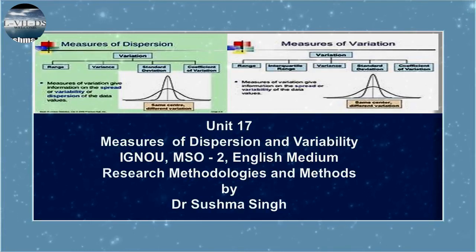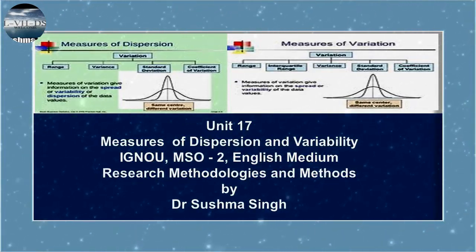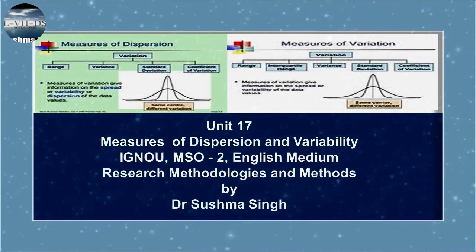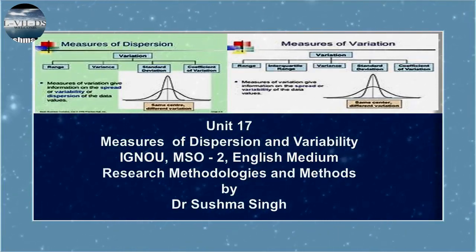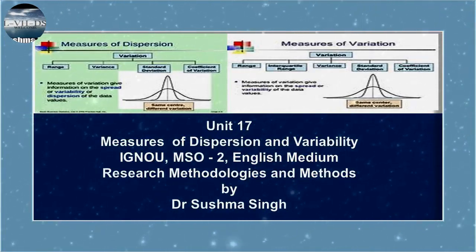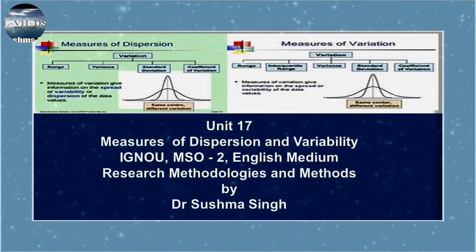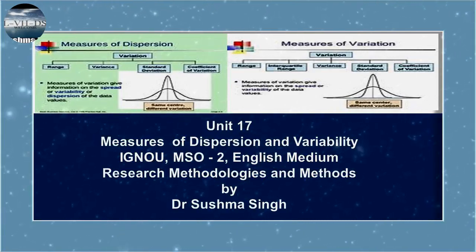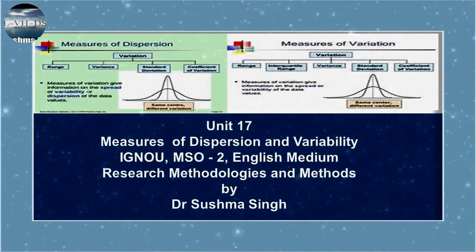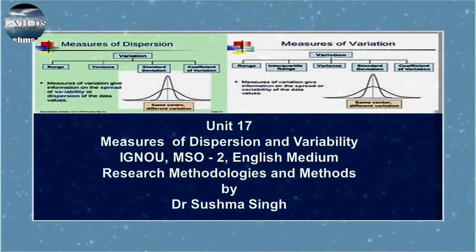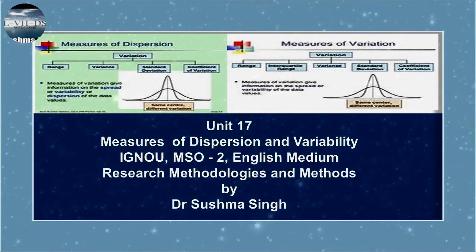Sample mean deviation is equal to sigma |xi minus m| divided by n, where m is the mean, xi are the scores, n is the total number of scores, sigma is the sum, and the vertical lines indicate the values are absolute, irrespective of sign.